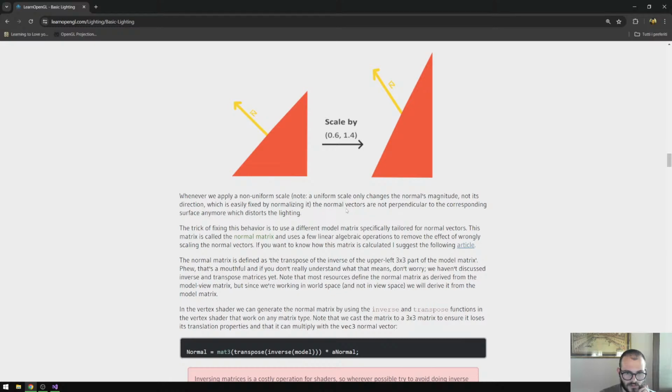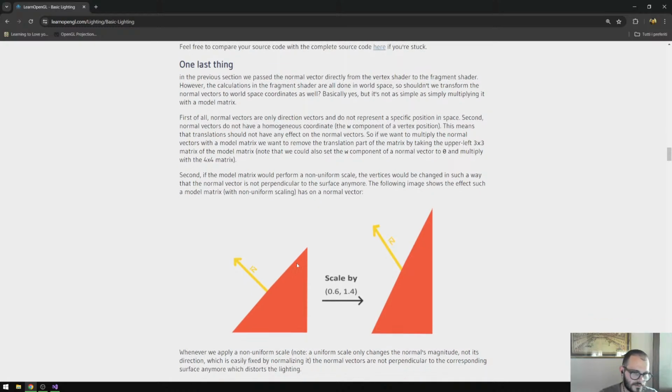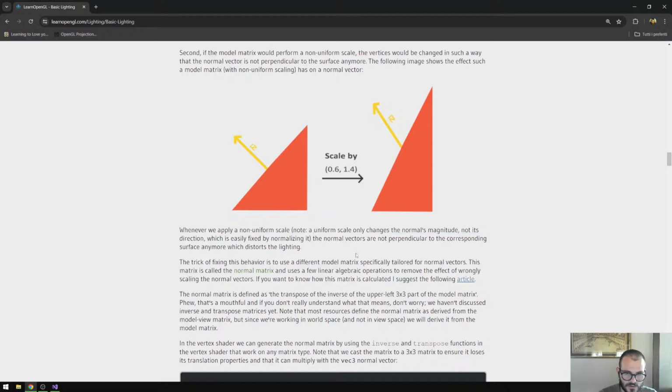Whenever we apply a non-uniform scale, the normal vectors are not perpendicular to the corresponding surface anymore, which distorts the lighting. So three problems basically. Normals are just direction vectors, they should not be influenced by translations, and they should not be influenced by scaling.